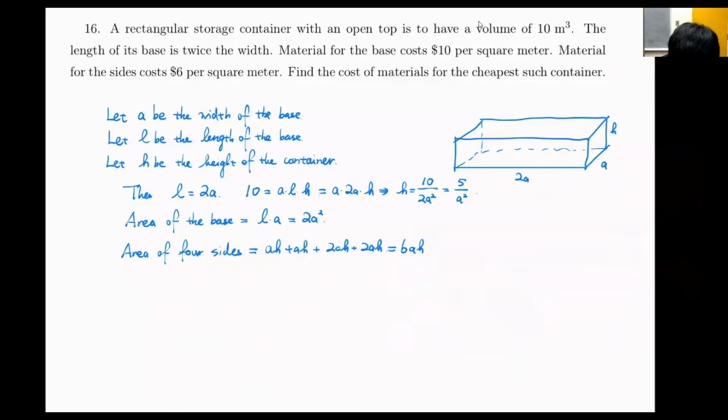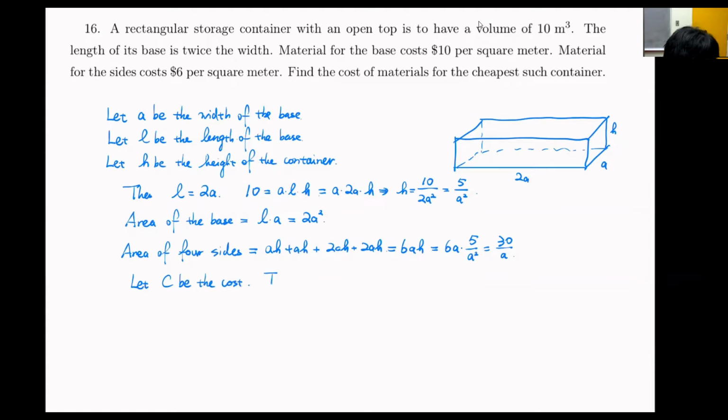Notice that h is equal to 5 divided by a squared. So this whole thing simplifies to 30 divided by a. This is the area of the sides, and using these areas, we can compute the cost. Let C be the cost.